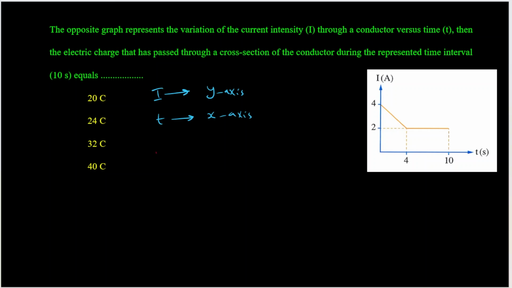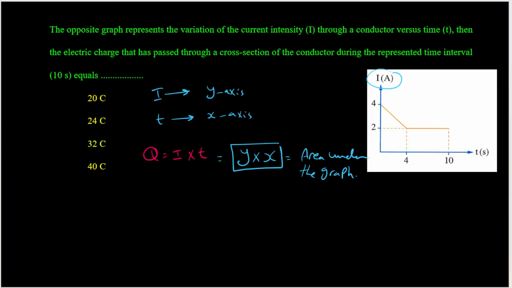And you know that Q is equal to I times T. So you want to have y times x. This is not the slope. This is called the area under the graph.